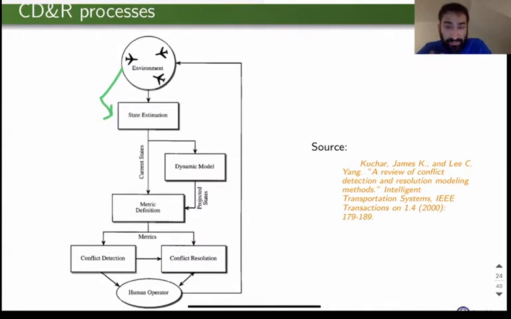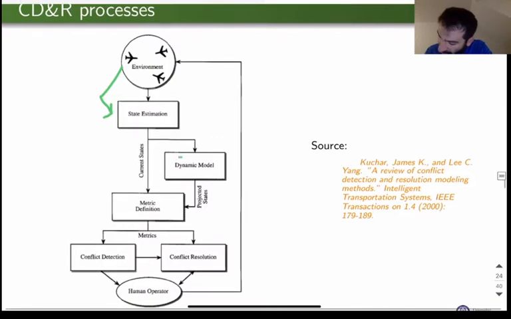Once we have an estimate of our state using a dynamical model, we would be predicting future status or future state of our aircraft. Right? This might be familiar to you.